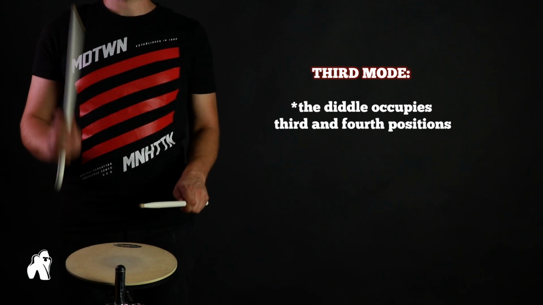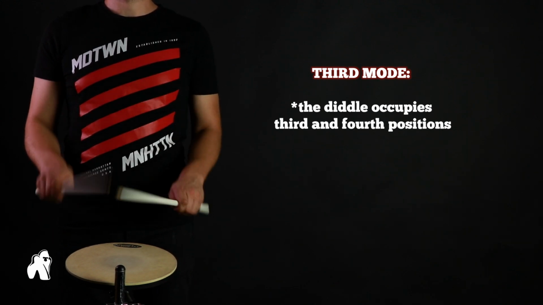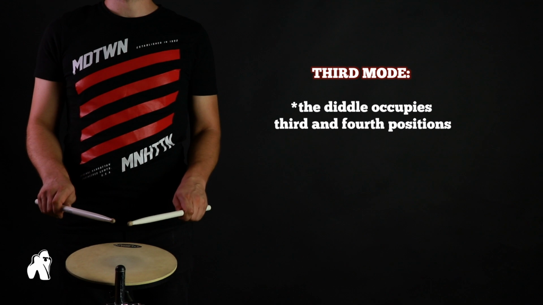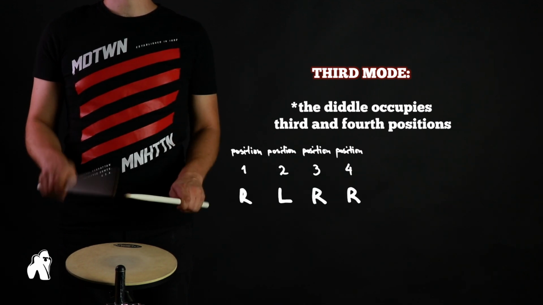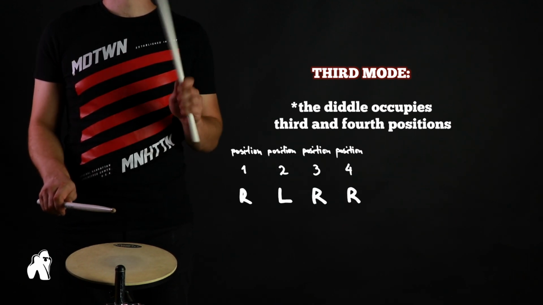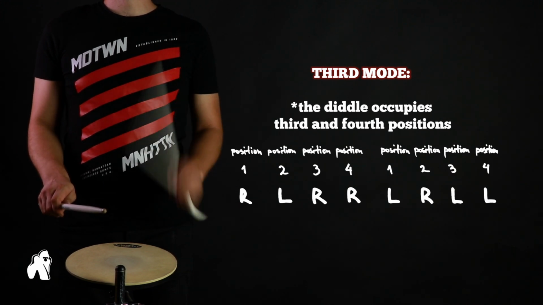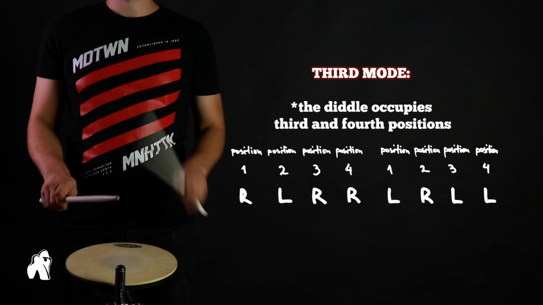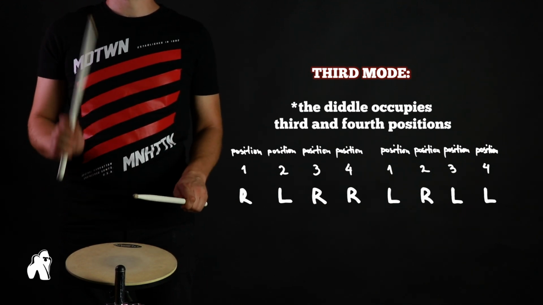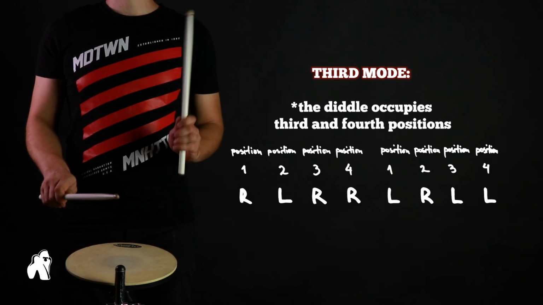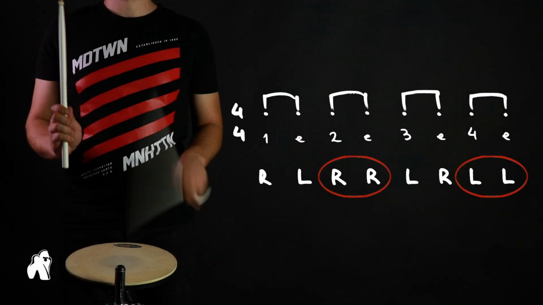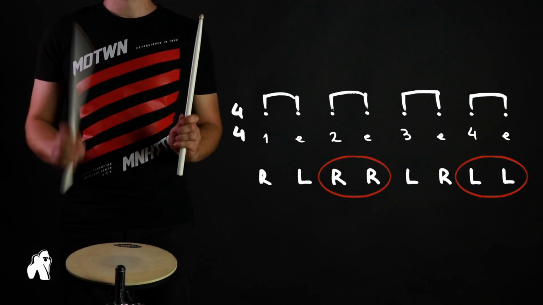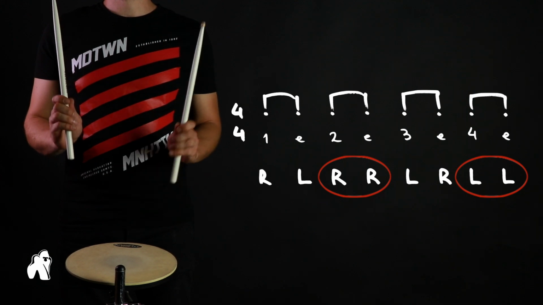If we keep sliding the double stroke to the right, to where it occupies third and fourth positions, we get the third mode. Right, left, right, right, and left, right, left, left. This is what most people think of when they hear single paradiddle, so we'll call it natural single paradiddle. Now the diddle occurs on strong time again, but this time on 2 and 4, what would be considered the backbeats of the measure.